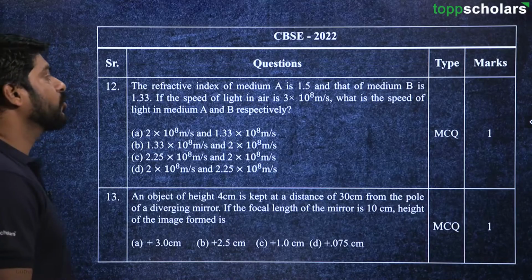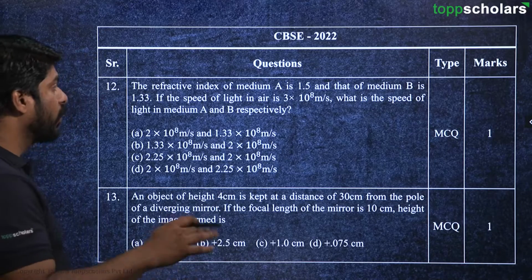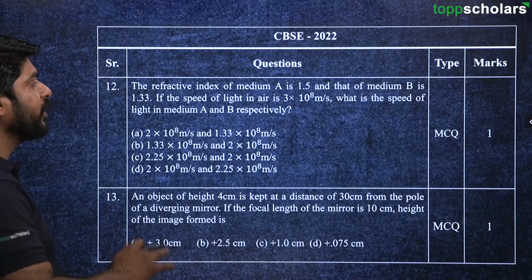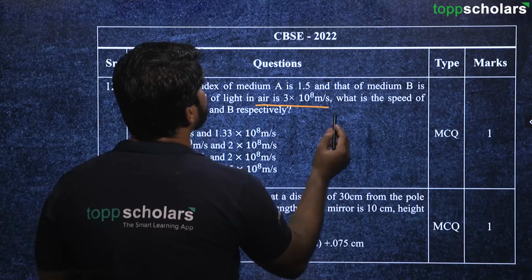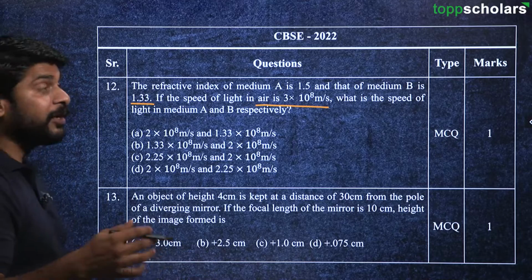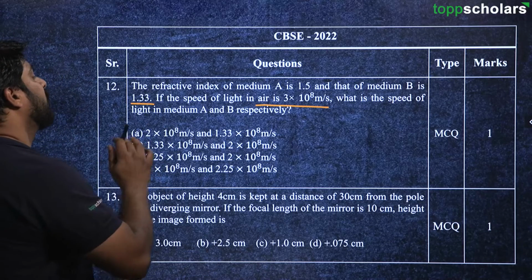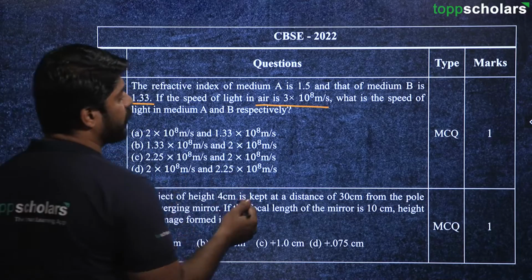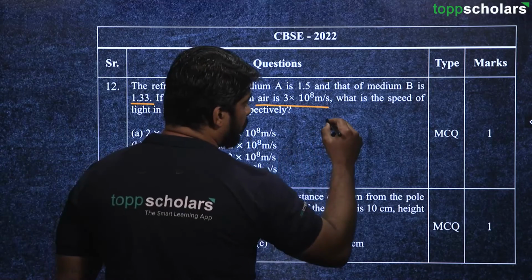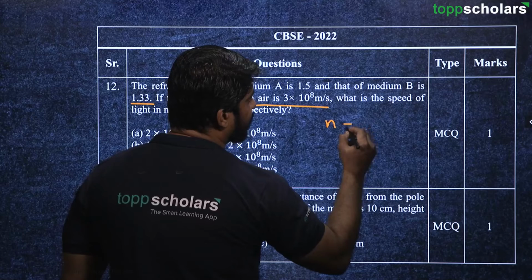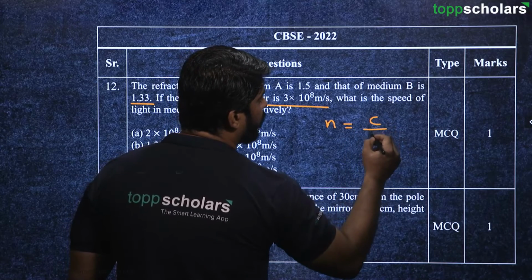The refractive index of medium A is 1.5 and that of medium B is 1.33. If the speed of light in air is 3 × 10^8 meter per second, what is the speed of the light in medium A and B respectively? So this is a quite simple question. You can easily solve this question using the formula N = C/V.